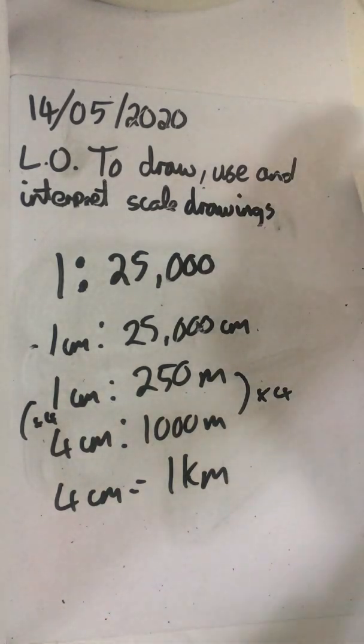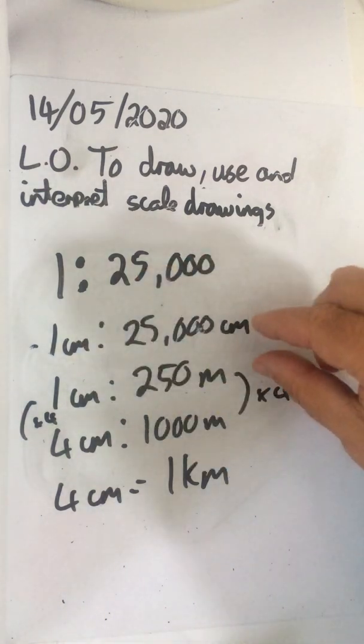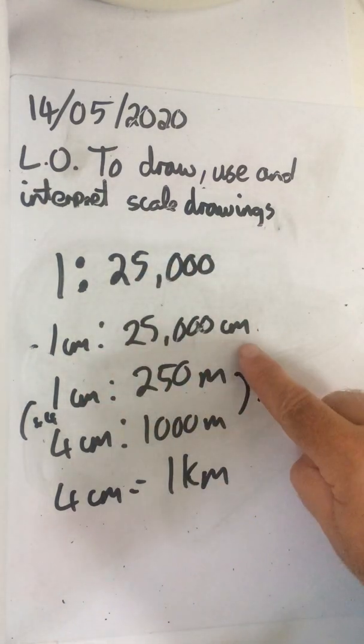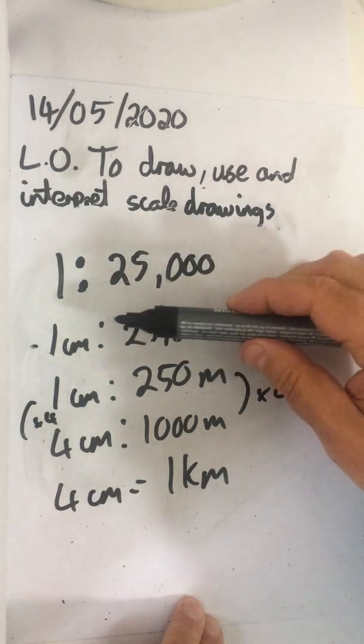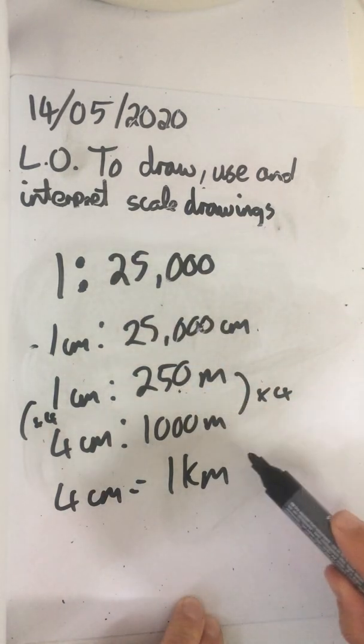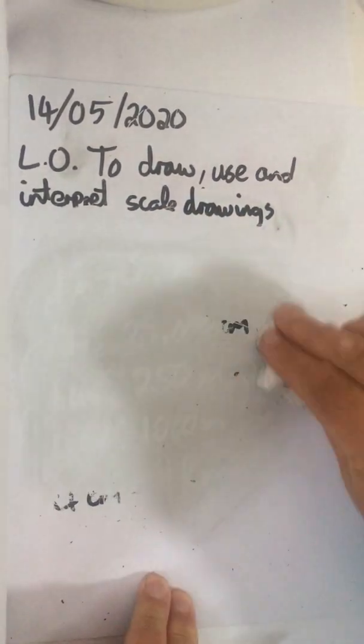So it's just being familiar with how these ratios work, turning that into the actual real life length, and then from there you can turn it into meters, kilometers. It just makes it easier when dealing with maps.